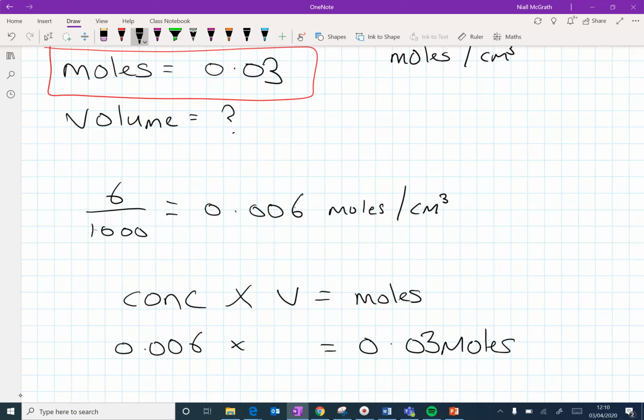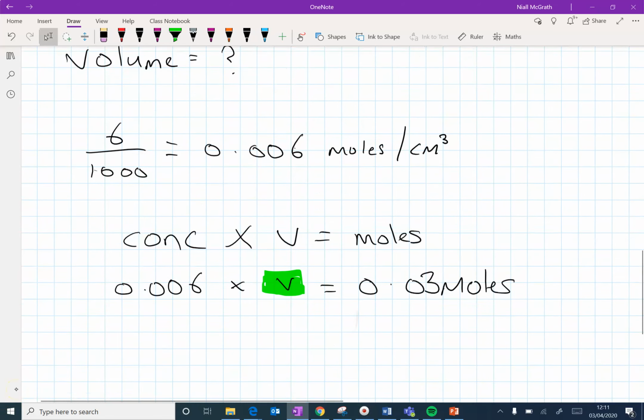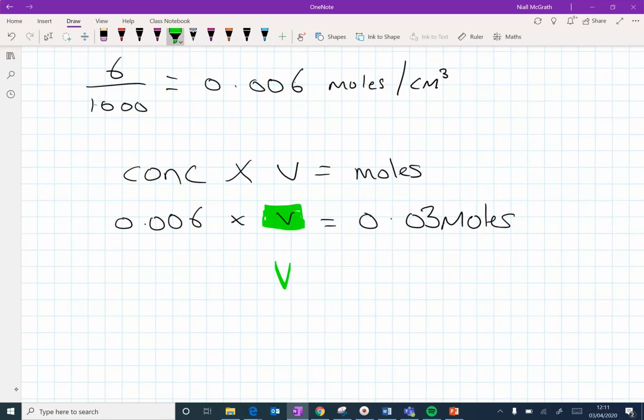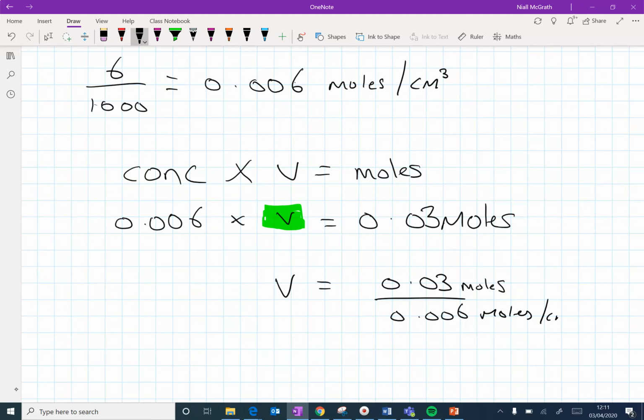This volume is the minimum volume that we're looking for. So it's just a little bit of rearranging: our volume is going to be equal to 0.03 over 0.006, and that is going to give us 5 centimetres cubed of the phosphoric acid.